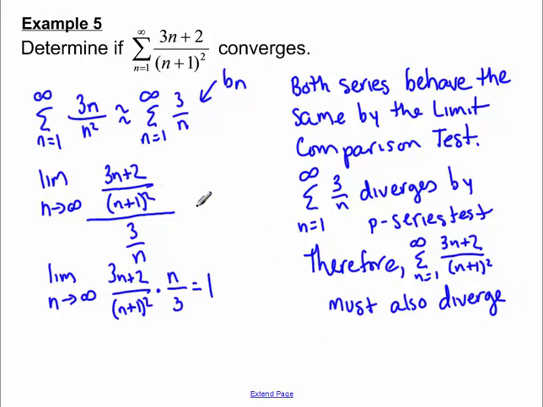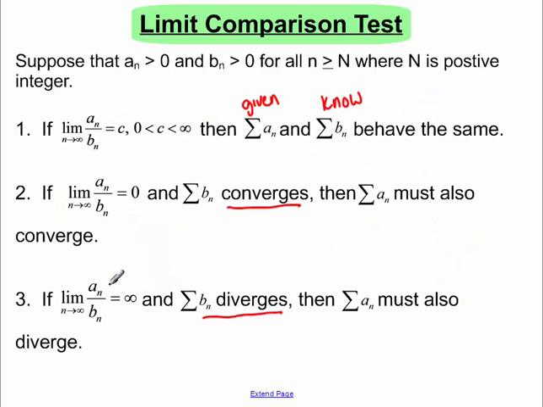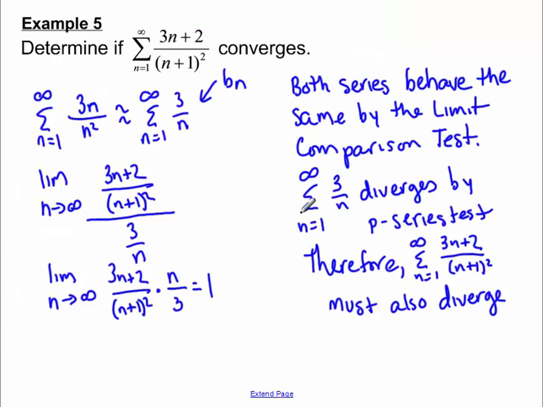Now remember, this is different than, I just want to flip back. Okay, I didn't get the infinity. I got this case right here. So they behave the same. It wasn't this case where I got infinity and I diverged. So they behave the same, so that must also diverge.